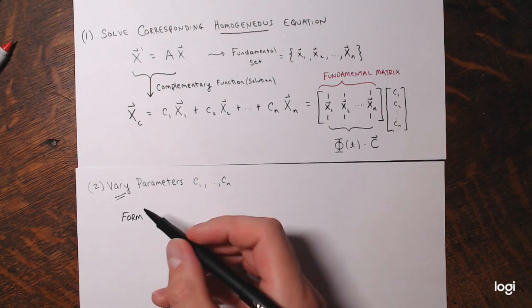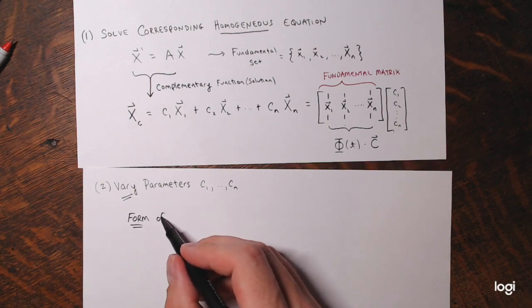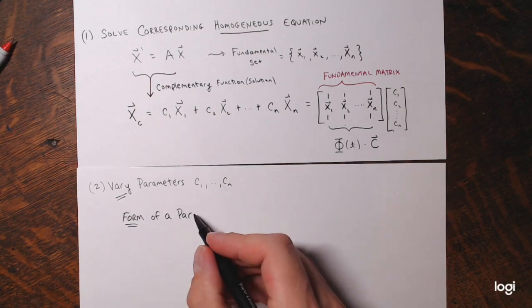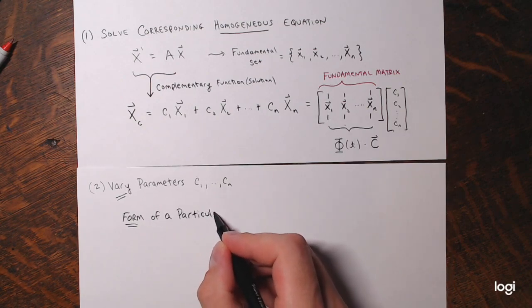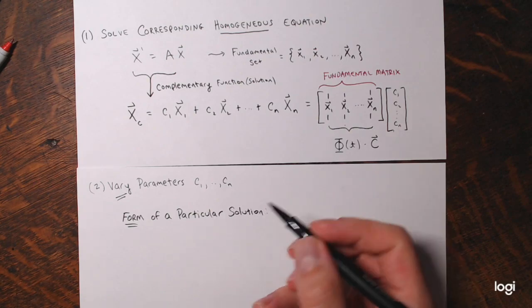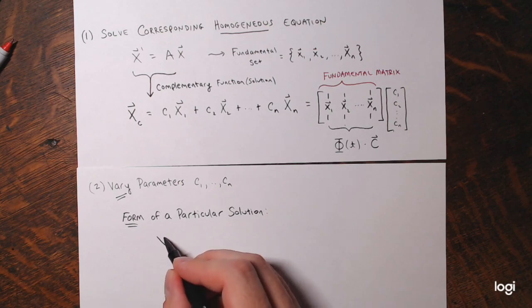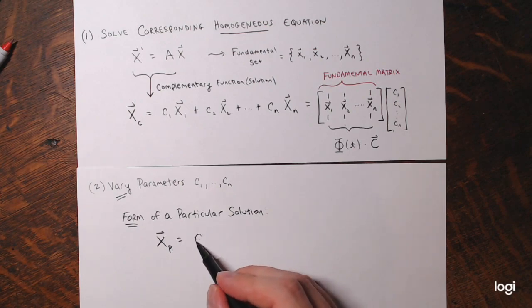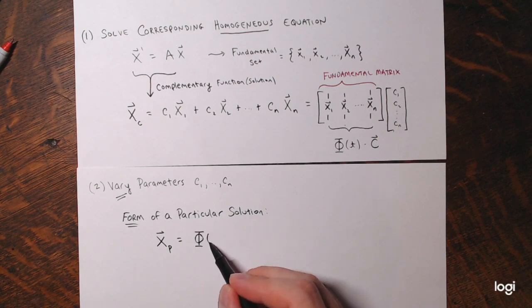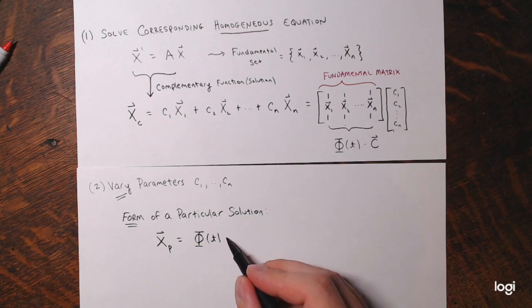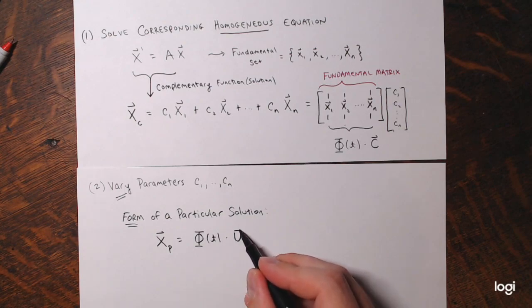And the form of a particular solution to the non-homogeneous will be the following. Say x sub p, for particular, will be equal to phi of t, the fundamental matrix, times, and in the book I'm looking at they call it, vector u of t.